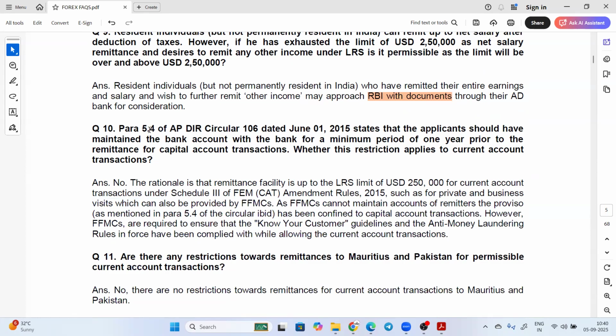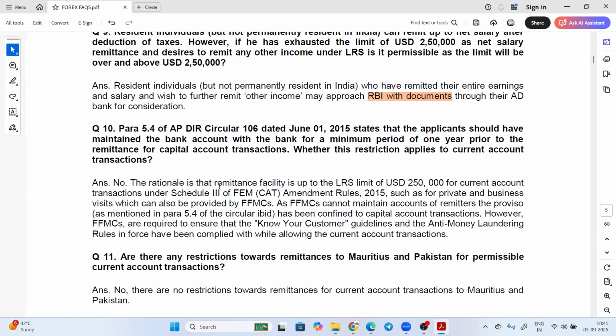Next, para 5.4 of the AP (DIR) Circular 106 dated 1st June 2015 states that the applicant should have maintained a bank account with the bank for a minimum of 1 year prior to the remittance for a capital account transaction. Does this restriction apply to current account transactions?